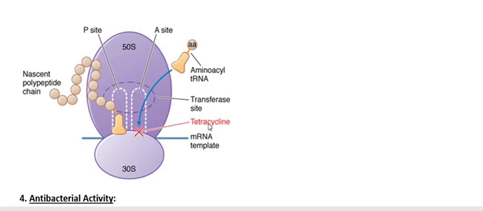So here you see tetracyclines from the cytoplasm enter inside this site and bind here. So the tRNA does not have the site to which it can bind, and therefore it inhibits the process of protein synthesis, because the transferase reaction is not completed.